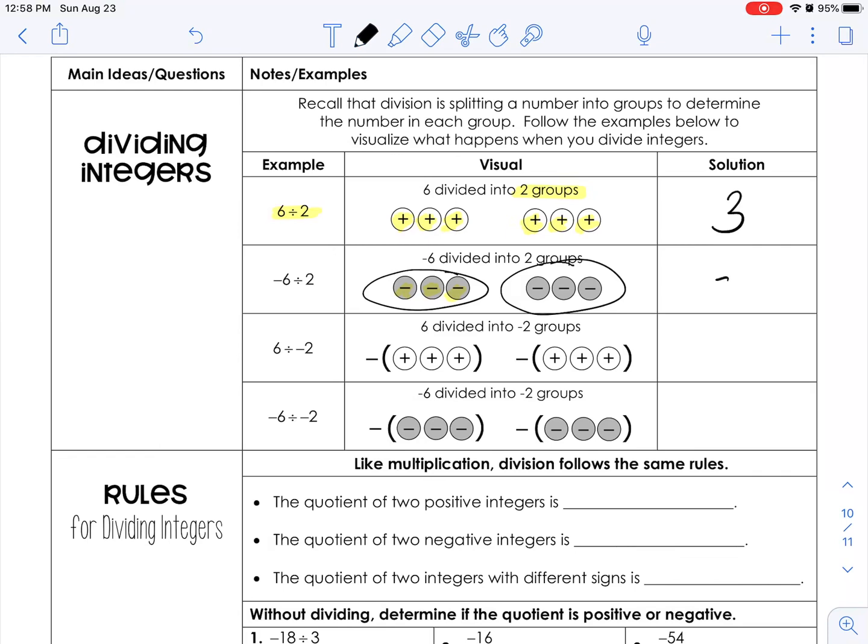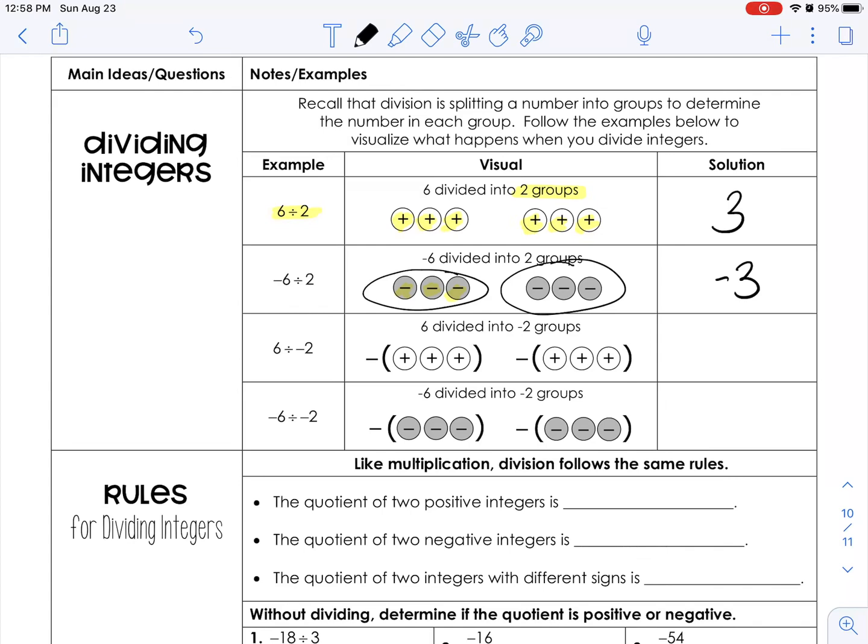So that is negative 3. Negative 6 divided by 2 is negative 3. So remember, with dividing and you're modeling it with counters, your solution is the number of counters in each group.